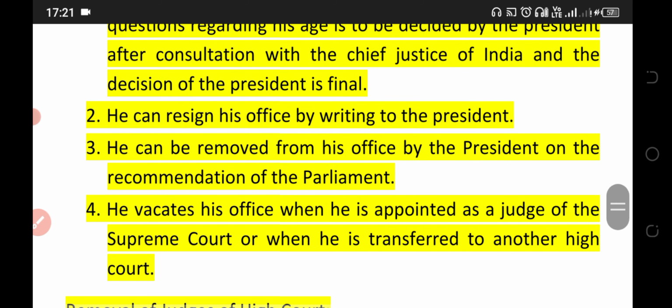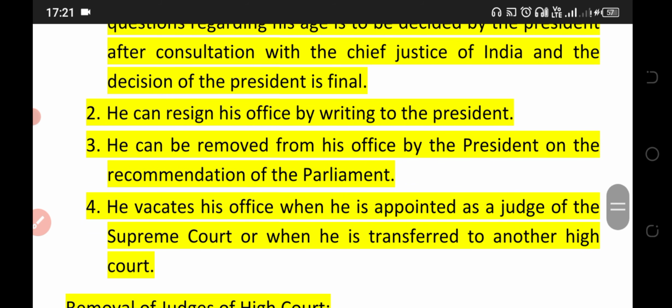He can resign his office by writing to the President. He can be removed from his office by the President on the recommendation of the Parliament. He vacates his office when he is appointed as a judge of the Supreme Court, or when he is transferred to another high court.